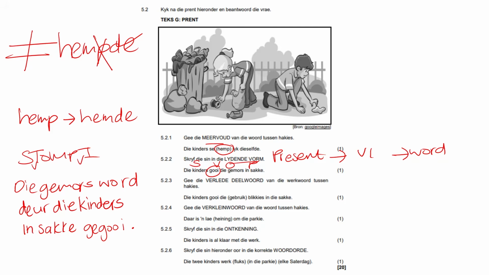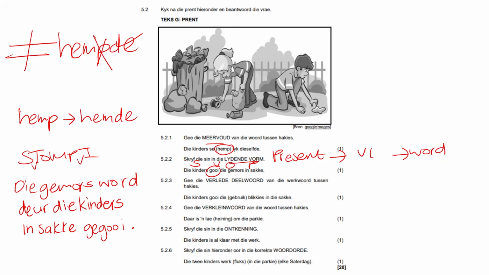So let's do it again. Die gemors, object. Verb 1 is either word, is or sal. And we use word here because our bedrijvende sentence is in the present tense. So die gemors, word. Then we check. Do we have time? Do we have manner? And we don't, so we move on. After checking time and manner and inserting it if we do have it, you then go deur die subject. What was our subject? Die kinders. So it's always deur, in this case, die kinders.